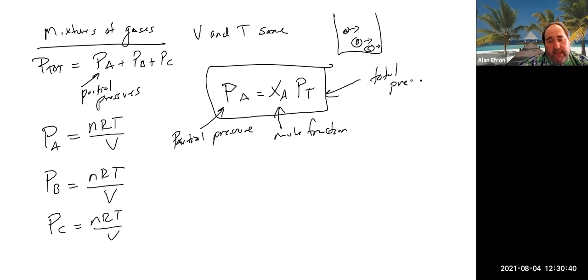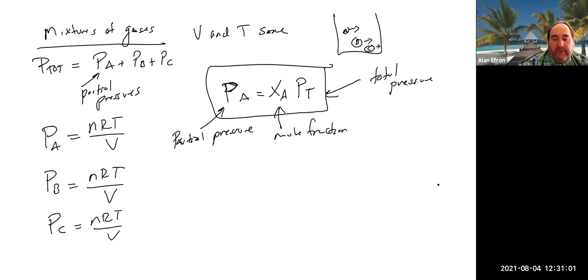So this is a really good equation to use when you don't have volumes or temperatures given to you, but you do have enough information about moles and some type of pressure, either somebody's partial pressure or the total pressure.